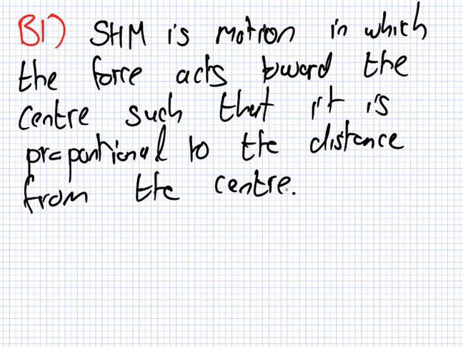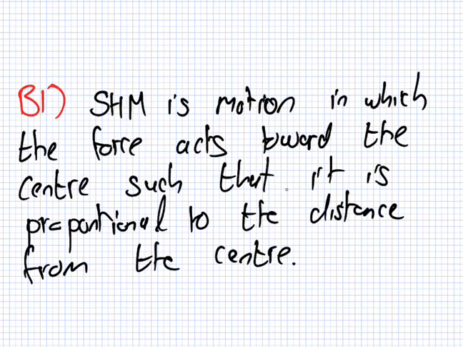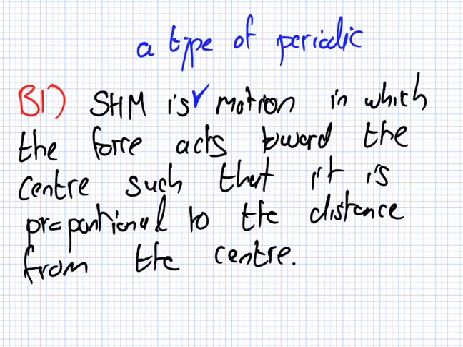Sure, why not? Let's just mention it's periodic as well. So if you really want to, you can type in simple harmonic motion is a type of periodic motion in which, etc., etc. Makes you feel better?